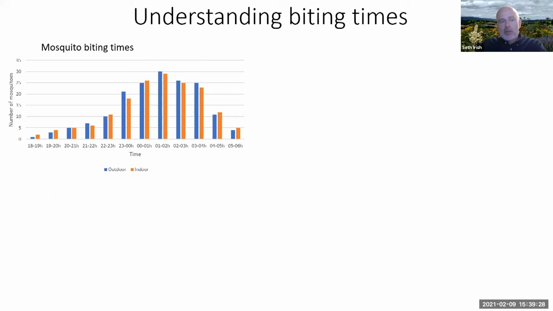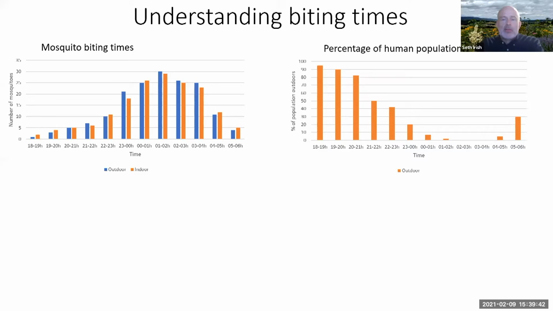For example, here you might have a mosquito population that's primarily biting at 1 o'clock or 2 o'clock in the morning, but not too much in the early evening and not too much in the morning. And you might have a human population that is outside in the early evening, but then around 9 or 10 or 11, they start to go inside and basically stay inside throughout the night until the morning.